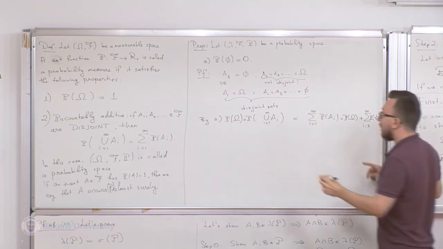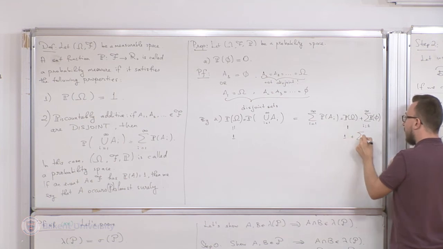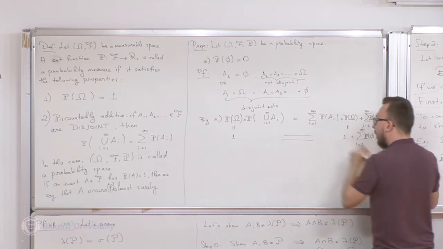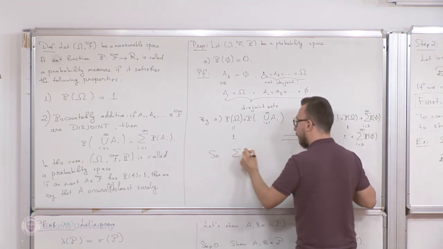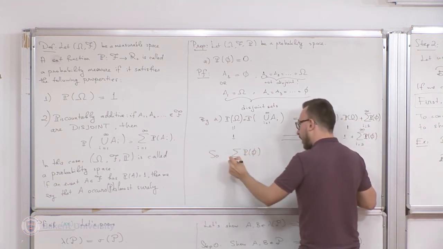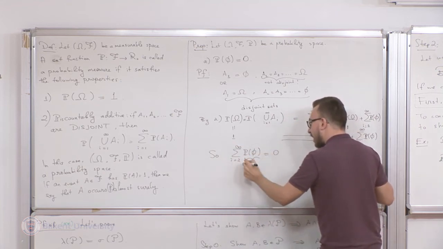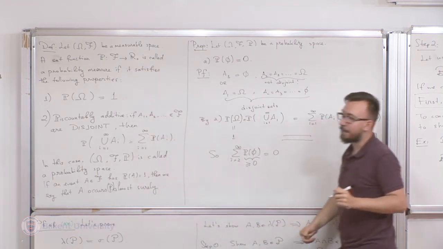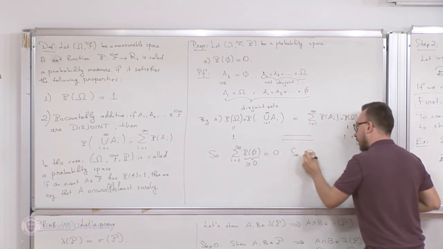Therefore, this is equal to 1. This is equal to 1 plus this. So we get this equality, which gives us that the sum of constants is 0, and those constants are non-negative because probability maps into the positive real line. This must be 0.